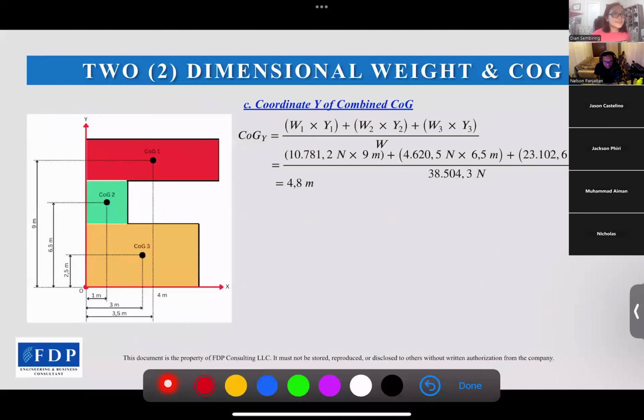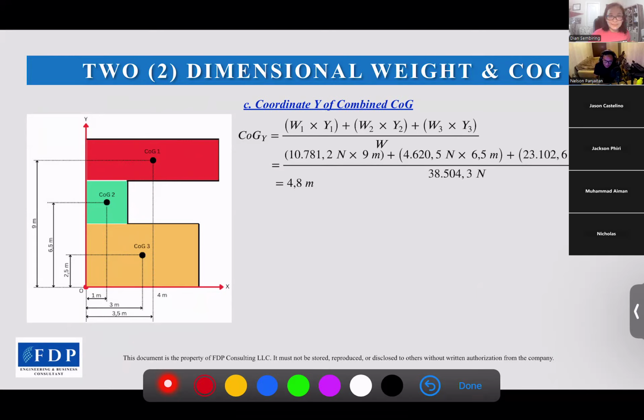I think it's not 6.8. COG3 is W3. Okay, vice versa then. So we get 4.8 meters from the origin point.